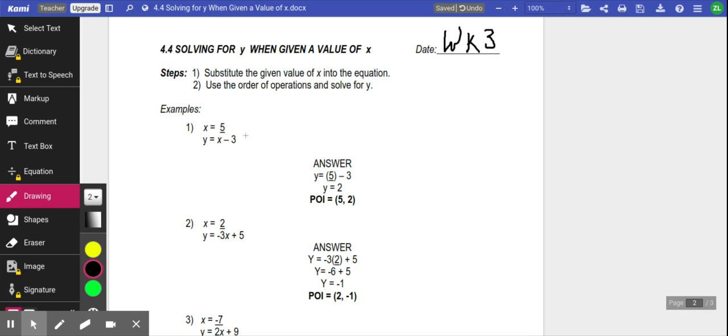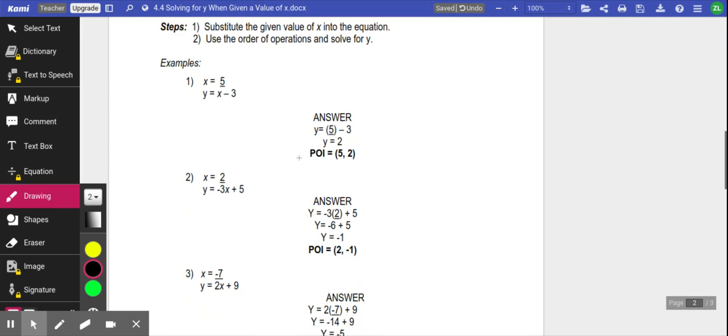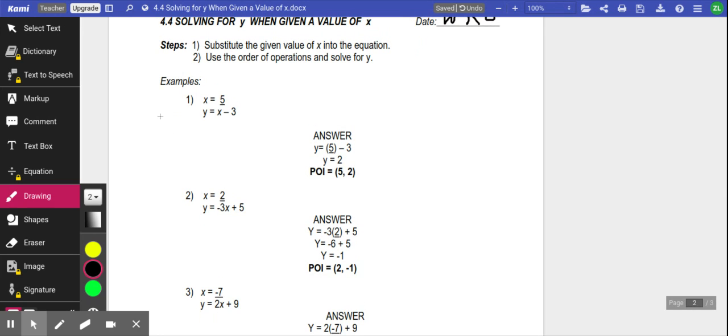So in this case, all the answers are on the side here, but I want you just to follow along as we go. So x is equal to 5. And in our next equation, we have y equals x minus 3.